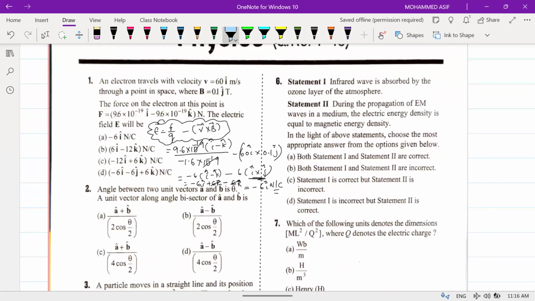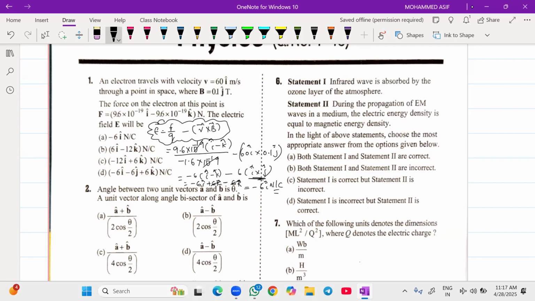Question number 6. This is also a good question. Infrared wave is observed by an ozone layer of the atmosphere. Very good question. During the propagation of electromagnetic waves in a medium, electric energy density is equal to the magnetic energy density. In the light of the above statements, choose the most appropriate answer from the options given below.